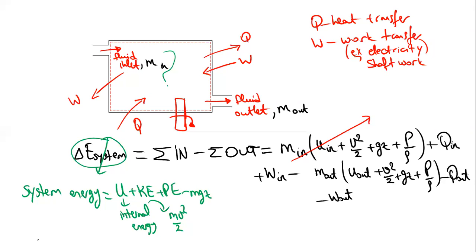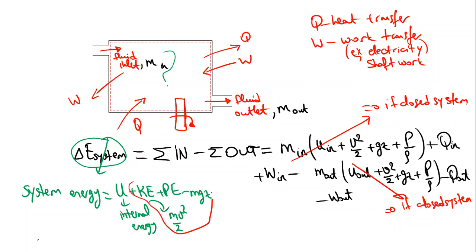This term becomes 0 if it is a closed system. If it is a closed system, then there will be no mass transfer, so this term is also 0 for a closed system. And in most thermodynamic devices, we are not considering the kinetic energy and potential energy.